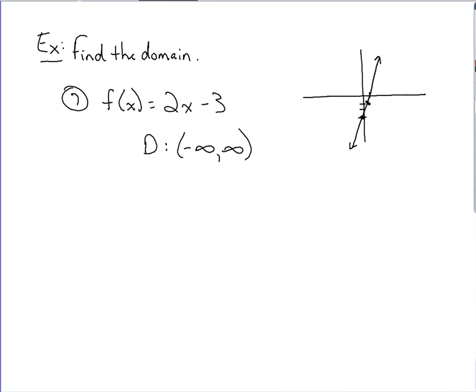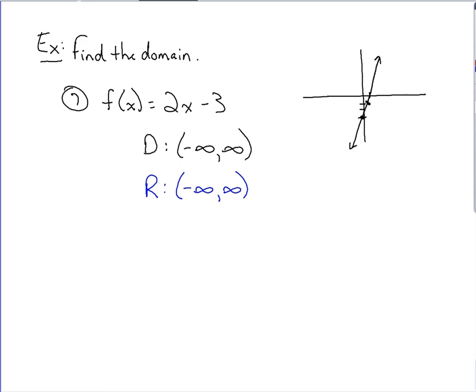If I threw in range, anybody know what the range would be? It's negative infinity to infinity, because range is all the y values. Range goes from bottom to top. I didn't have to find that there, but in case you would have to find it on a problem, you could.